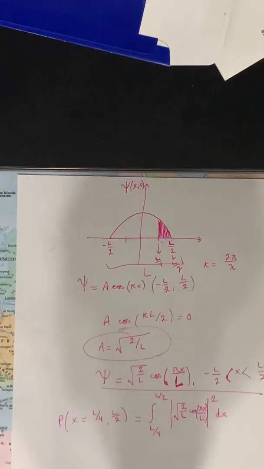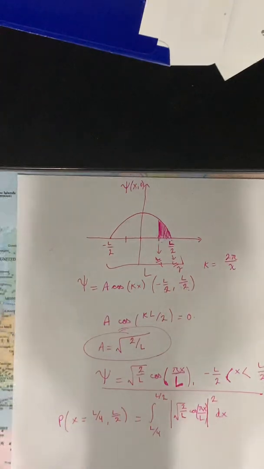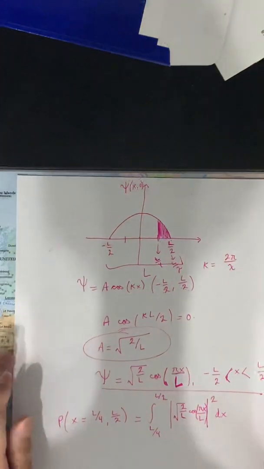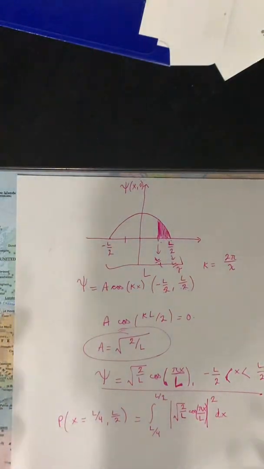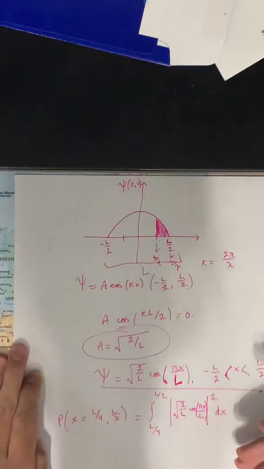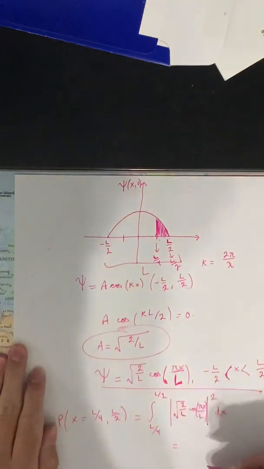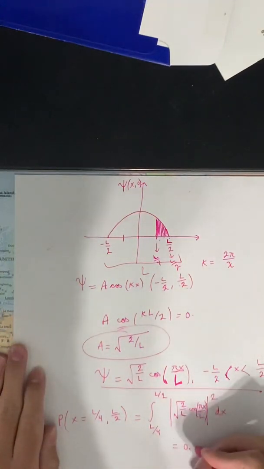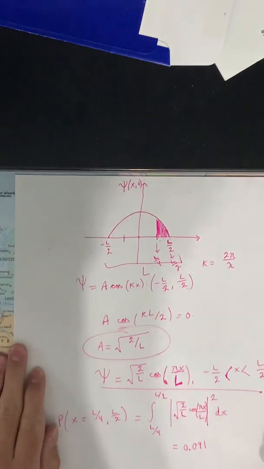So now that we can obtain some type of real sensible idea about how reasonably likely, since quantum mechanics is so probabilistic, right? It's never definite because we're using the statistical interpretation. We calculate this to be about 0.091, right?